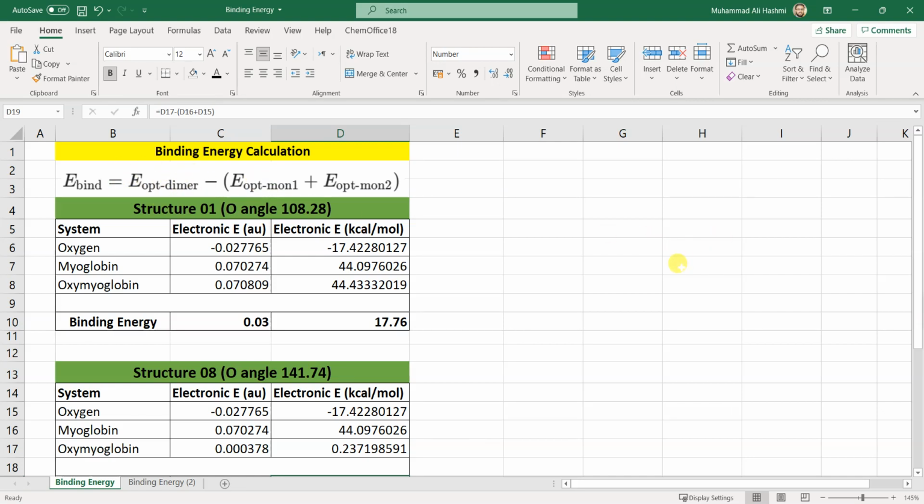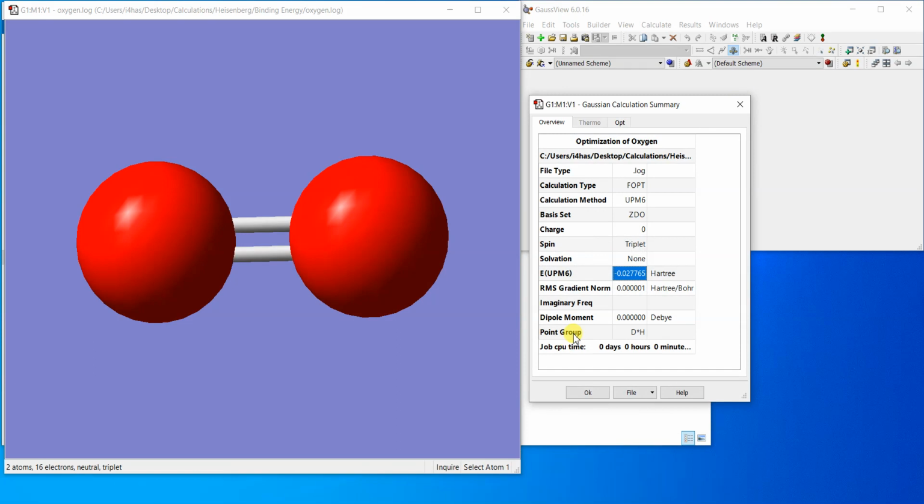That's how you can compute the binding and interaction energies using Gaussian and GaussView. I hope you have got the point and understood the difference between these two terminologies, which are sometimes wrongly used, and now you can easily calculate these two energies using Gaussian and GaussView, or any other software. You just need the electronic energies for that.